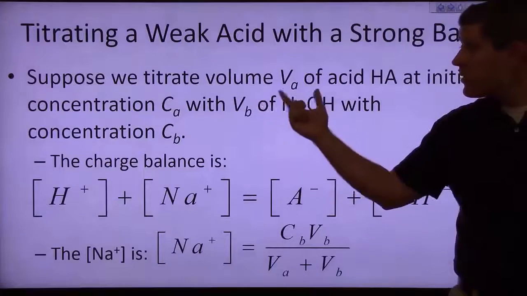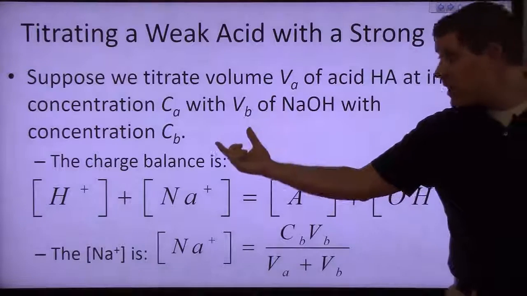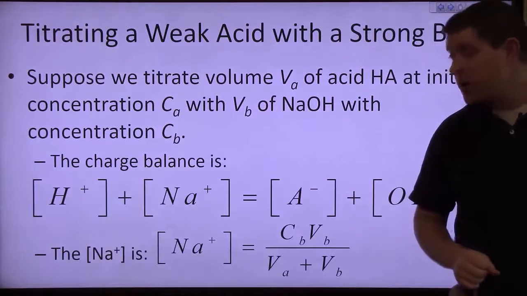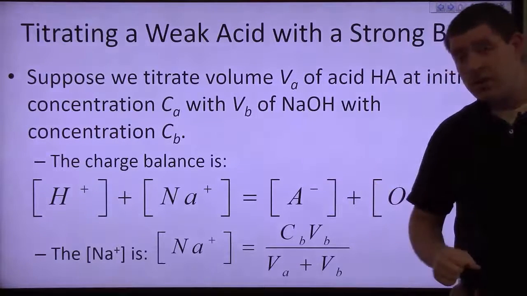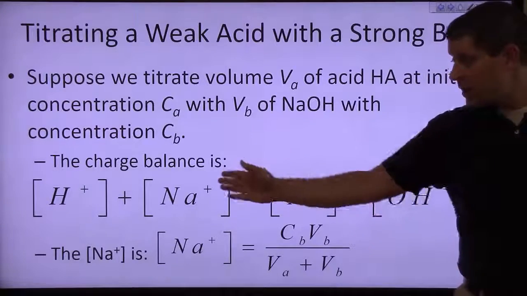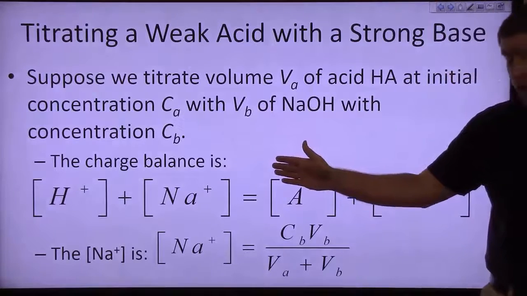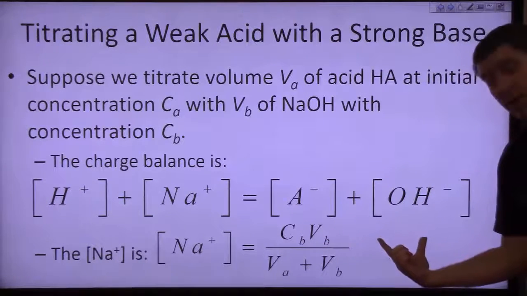Now, suppose we titrate volume VA of acid HA at initial concentration Ca with volume VB of sodium hydroxide with a concentration of Cb. The charge balance is then given here, where we have the hydrogen ion concentration plus the sodium ion concentration is equal to the A- concentration plus the hydroxide ion concentration.